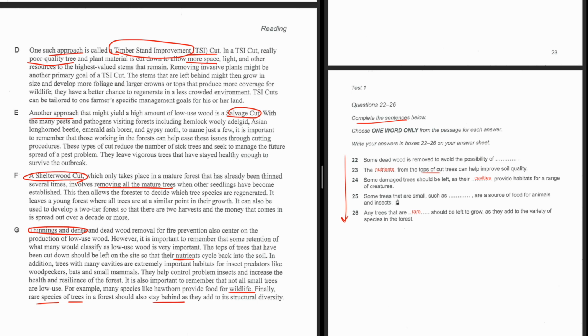Now, some trees that are small, such as blah blah. Okay, we need the type of small tree. They help. Okay, so it's important to remember that not all small trees are low cut. For example, so this is an example of small trees. So some trees are small, such as what?